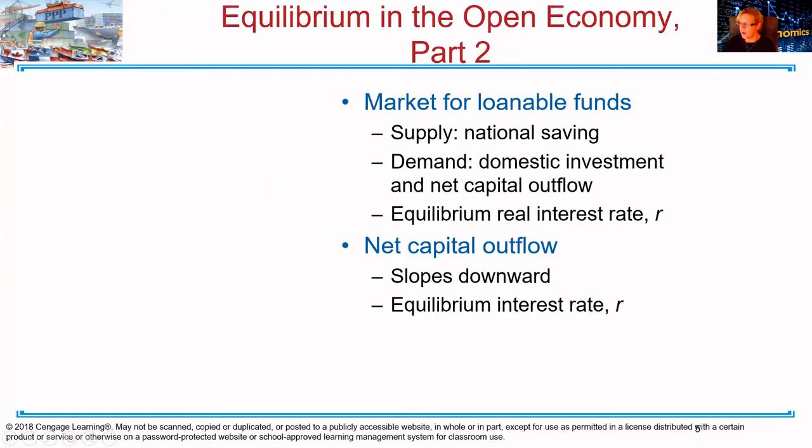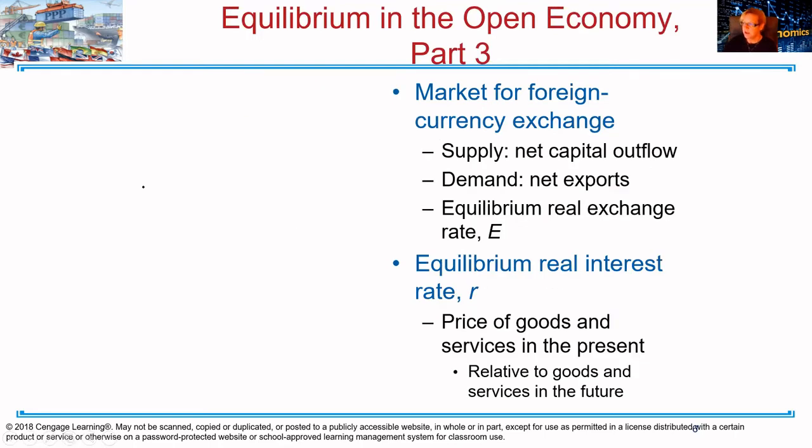Okay, so again, just reiterating, net capital outflow slopes downward, and the real equilibrium interest rate is the tying force between panel A, the quantity of the market for loanable funds, and panel B, which is net capital outflow. Panel C is the market for foreground exchange.